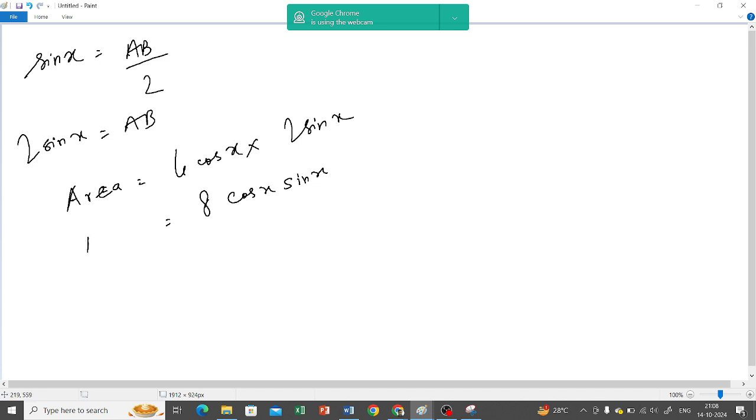এবার দেখো আমি কি বলেছিলাম, যেটাকে ম্যাক্সিমাইজ করতে হবে বা মিনিমাইজ করতে হবে, মানে অবজেক্টিভ ফাংশন ইজ এরিয়া, it will contain a constant and it will contain a variable that will be included by me, right? Now how can I write 8 cos x sin x?